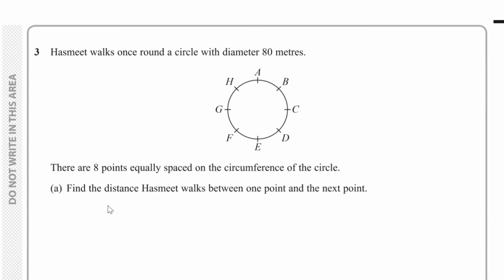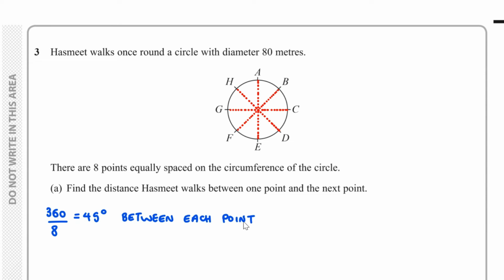First of all, if we split the circle up into 8 parts, there are 360 divided by 8, which is 45 degrees between each point. So between each point we have 45 degrees.